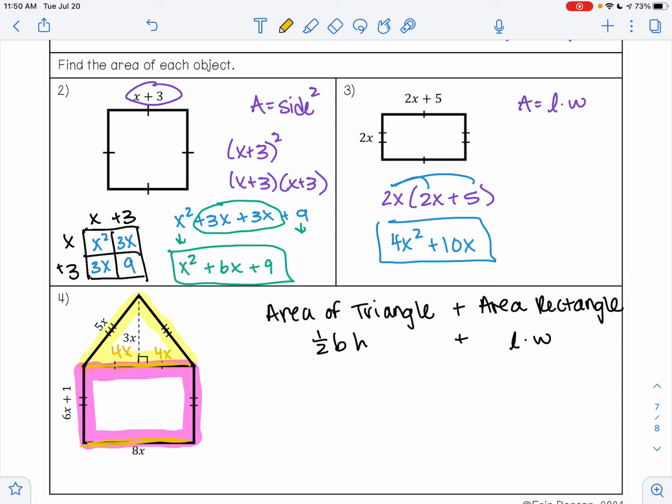And then the height of my triangle is 3x. So I'm going to do 1/2 times my base, which is going to be 8x, because this whole thing right here is 8x, because that's what it is down here. 4x plus 4x is 8x, times our height of the triangle, which is 3x.